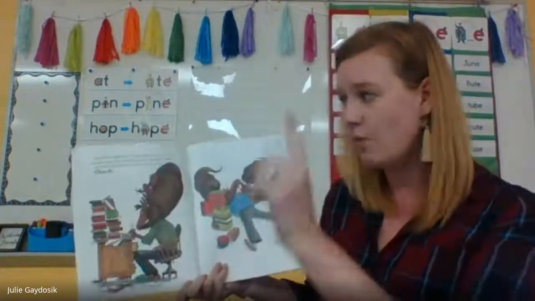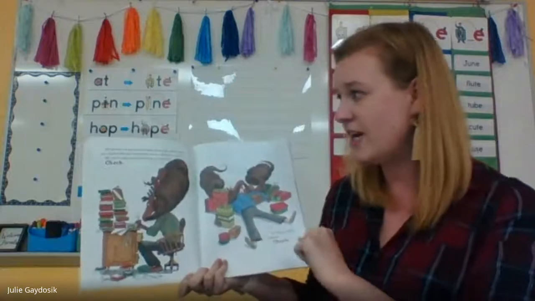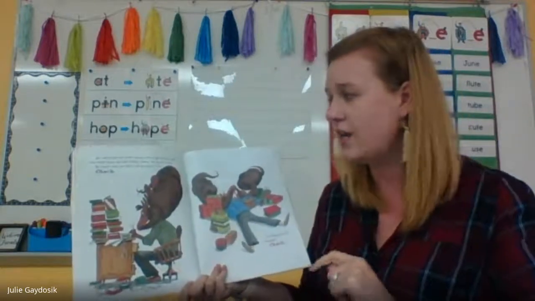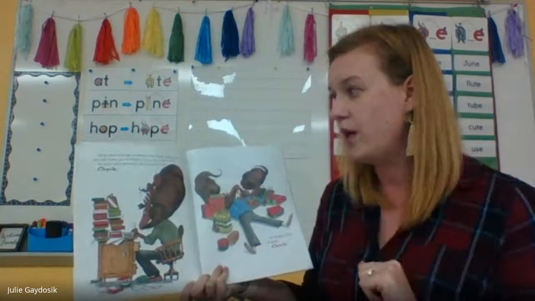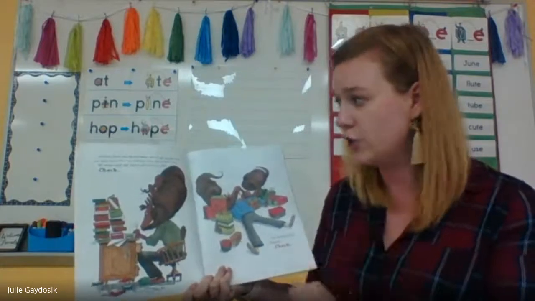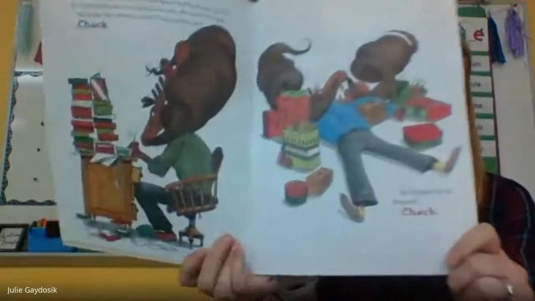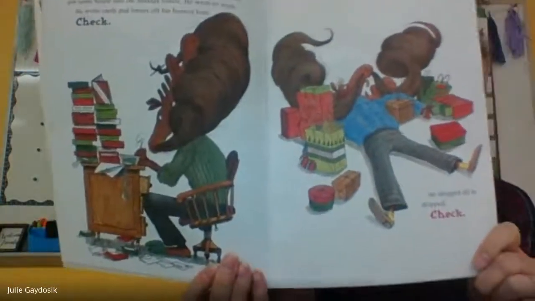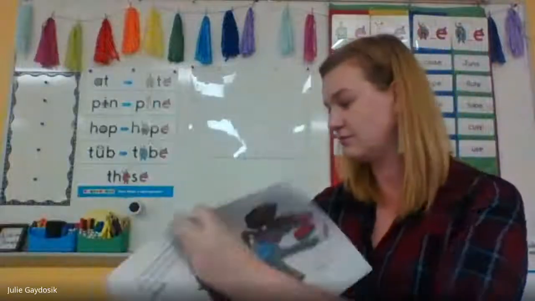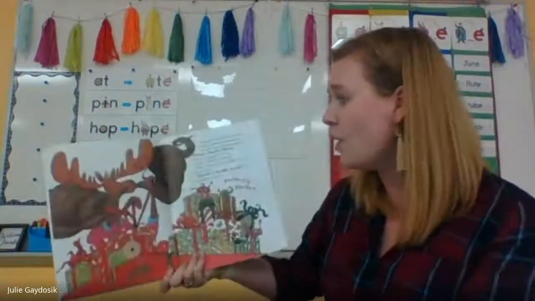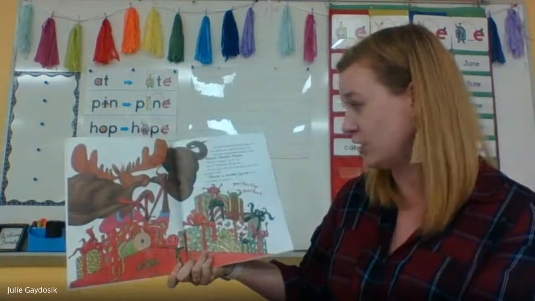He wasted not one merry minute. Moose got moving and put some hustle into the holiday bustle. He went to work. He wrote cards and letters till his hooves hurt. Check. He shopped till he dropped. Check. He hauled home boxes and bags and presents galore.